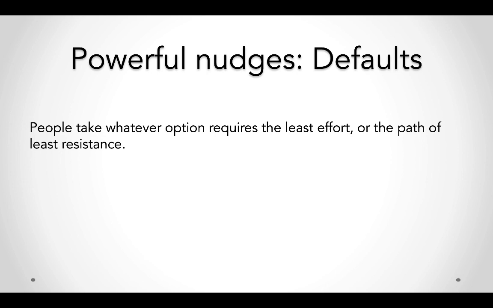Defaults. Defaults is one of the most important nudges, and it has to do with the fact that we do not want to spend energy, effort. The brain is not very happy when we spend too much energy, and it would rather conserve it.